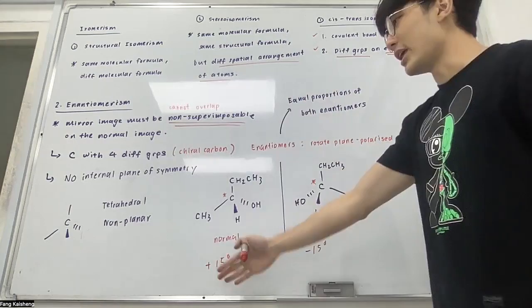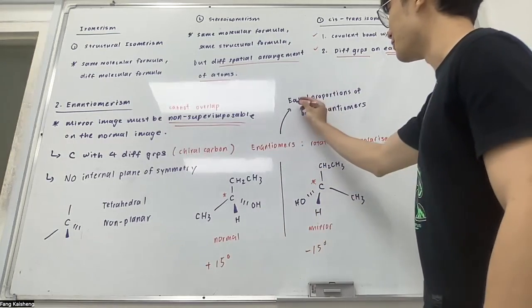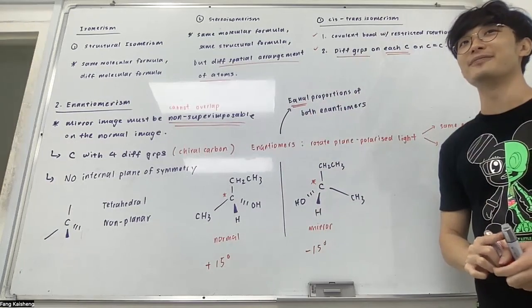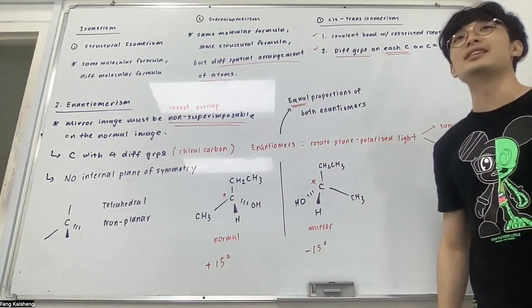One rotates positive 15, the other rotates negative 15. But if I have equal amounts of both in the same mixture, what's the overall rotation? Zero, they cancel out, correct?